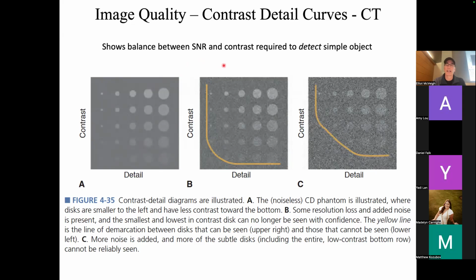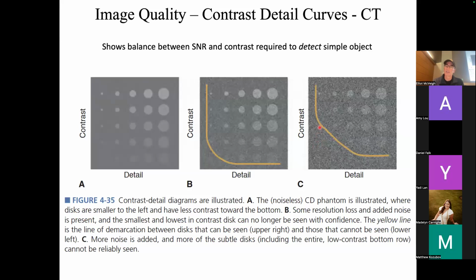And then I add noise to my data and I redo the reconstruction and ask the question, how many of these circles now are outside my ability to perceive them? Two things are going to happen. It will move this way, so bigger circles with lower percent contrast will disappear.